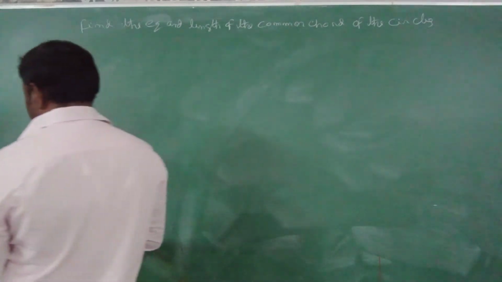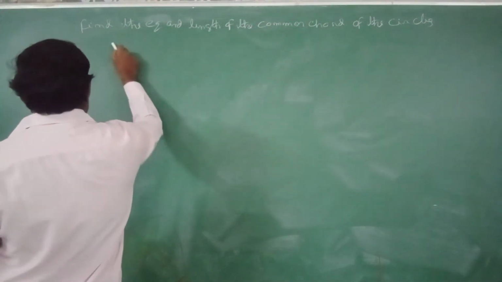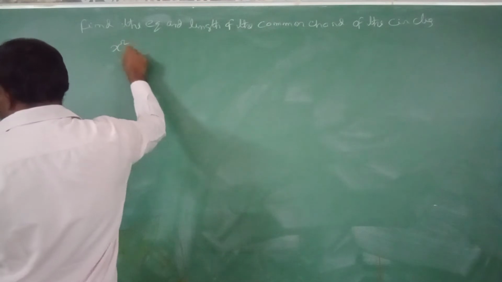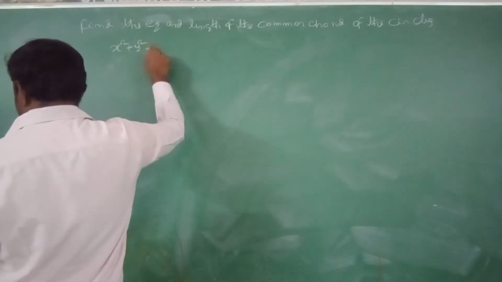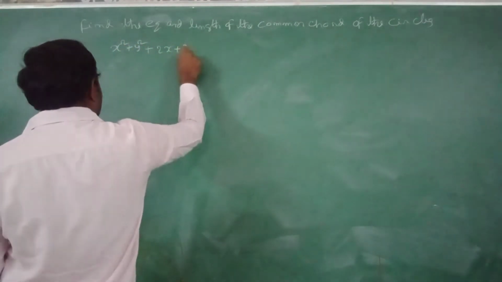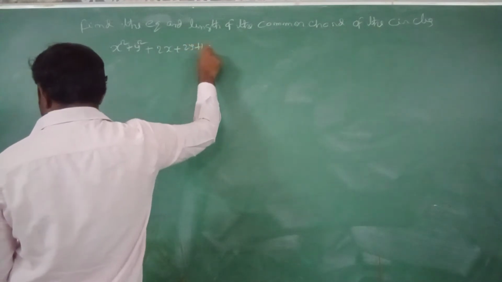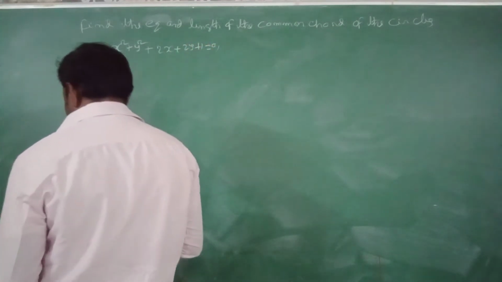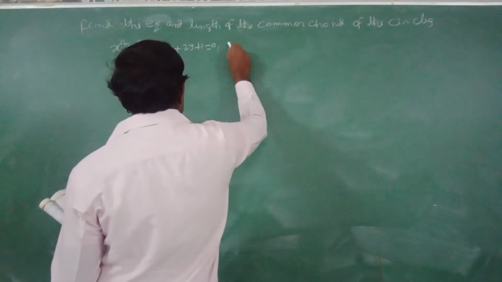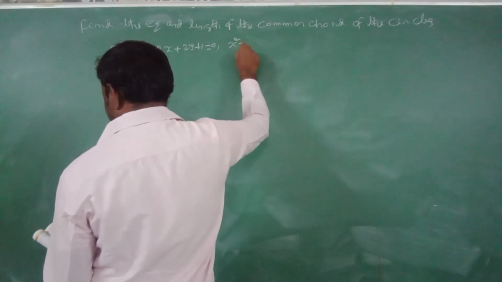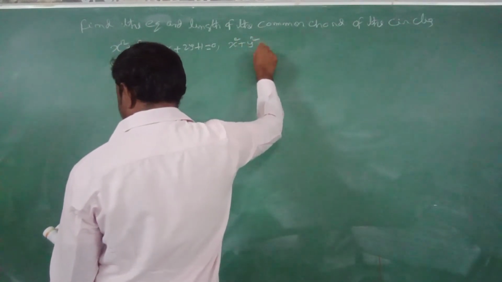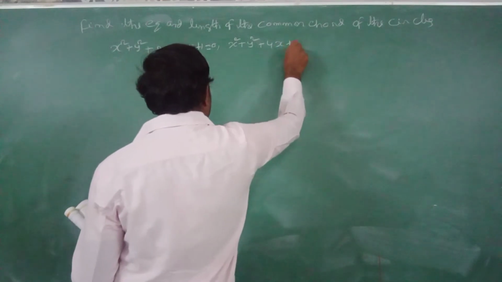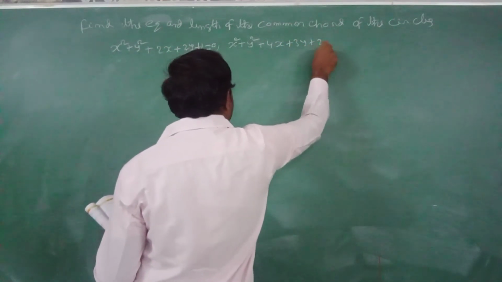First circle equation is x square plus y square plus 2x plus 2y plus 1 is equal to 0. Second circle equation is x square plus y square plus 4x plus 3y plus 2 is equal to 0.